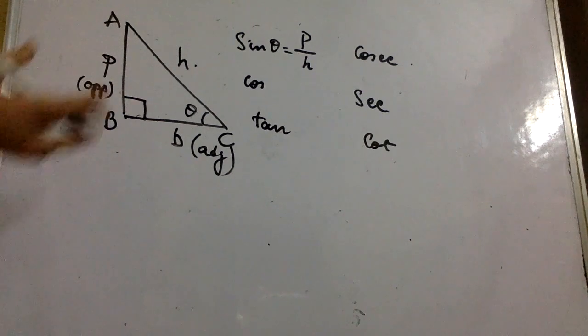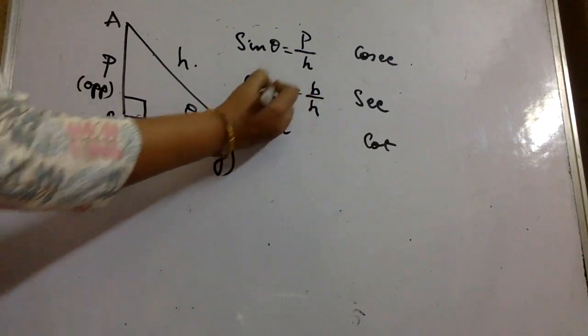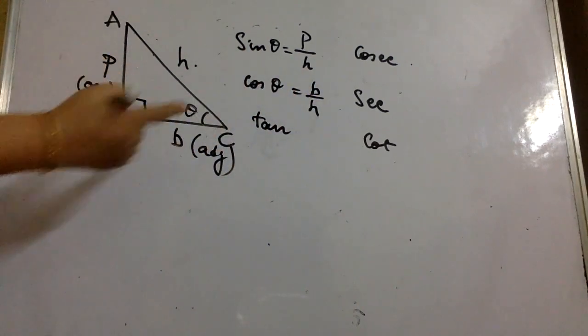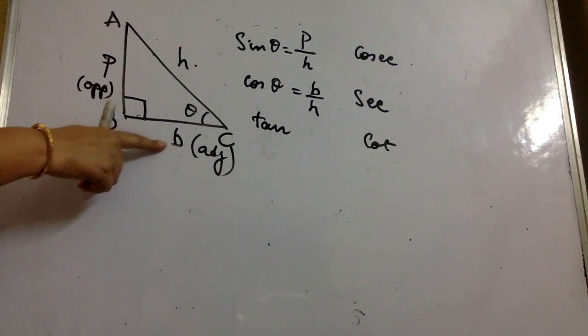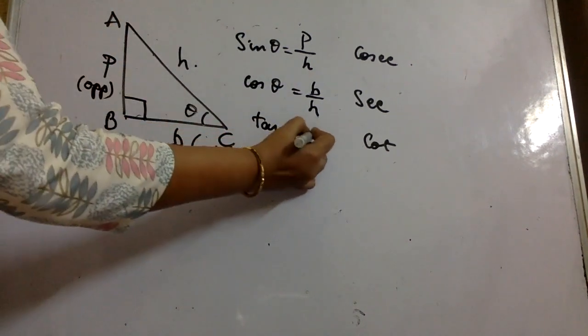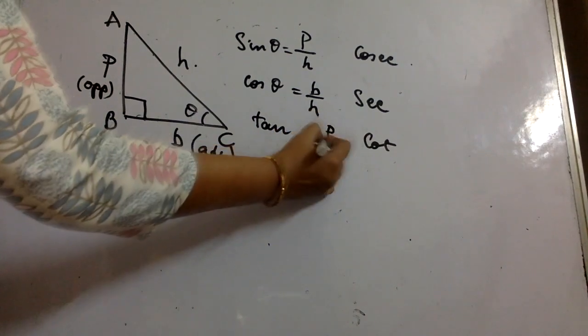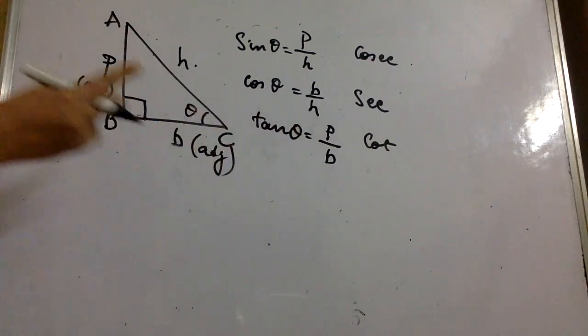Simple. This is a ratio. Then base B by H also has a name, which is cos theta, because for theta this side is the base. Whatever is the value of base here, 5, 6, 7, whatever, we put it here. Perpendicular by base also has a name, that is tan theta.